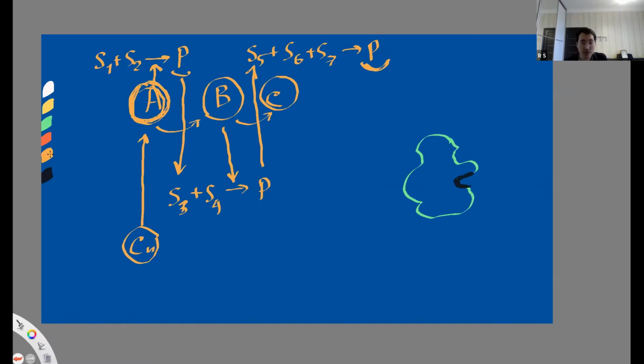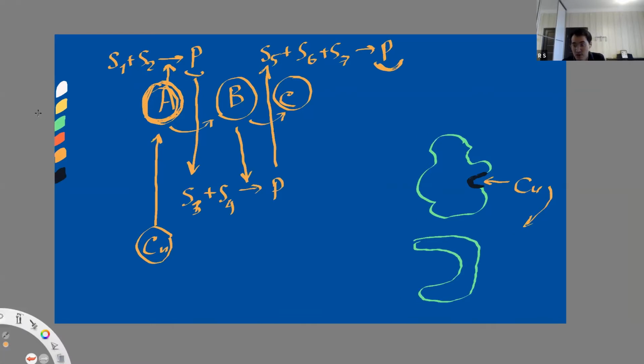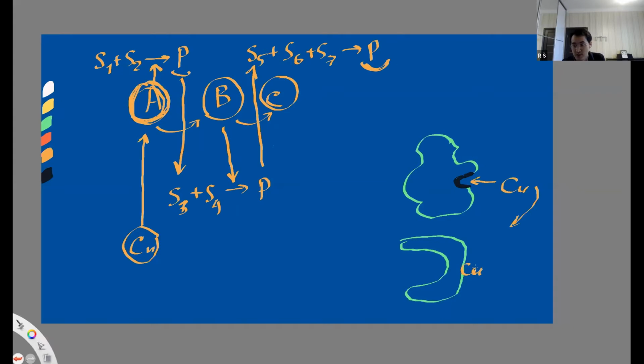So we have copper coming to this place, and this enzyme changes its structure. Let's say it becomes like this, and we have copper here.